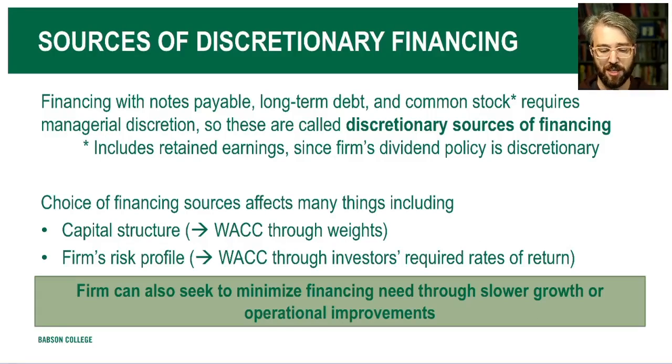So a firm can choose to get discretionary financing, or they can just grow slower, which may be a safer strategy, but one that investors may or may not like. And of course, if operational improvements are available, they'll often look for those because that is, in a sense, a free lunch, except that it can be really, really hard to achieve.